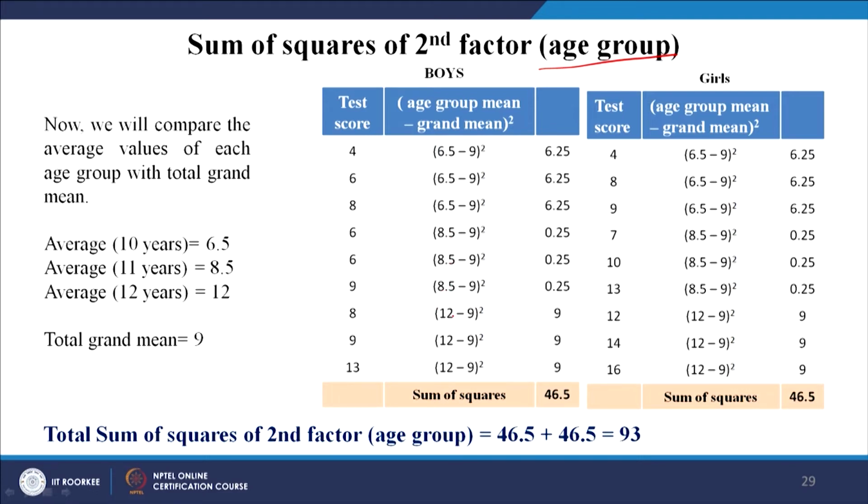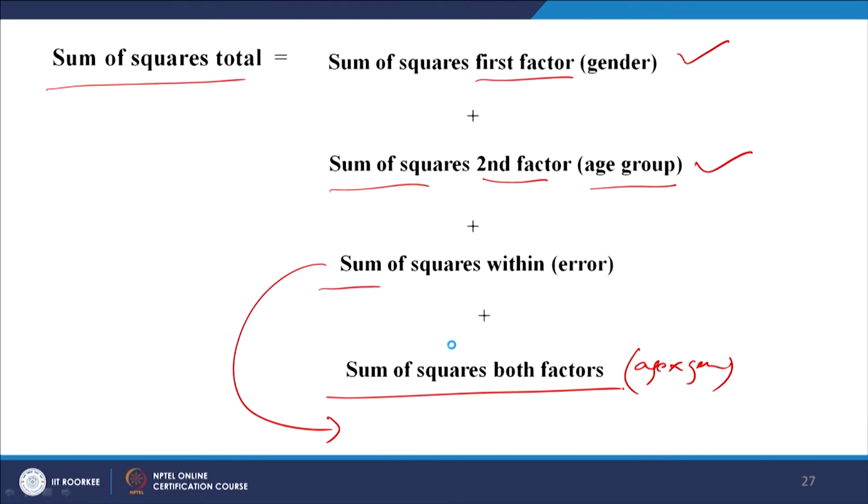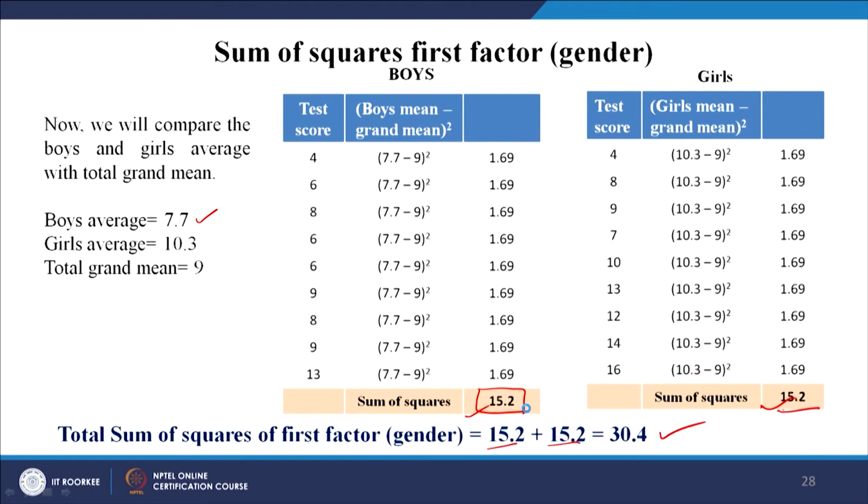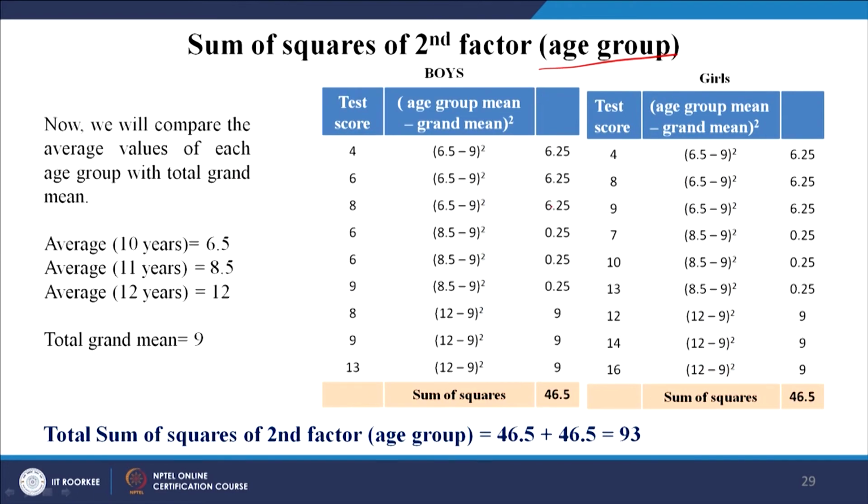And then the third group, which is the 12 year age group, it is 12, 12, 12 minus 9 square. So, what we have done for the age group is we have taken the scores and the means, that means 6.5, 8.5, 12, and we have subtracted the grand mean and found the square. So, this is 46.5.